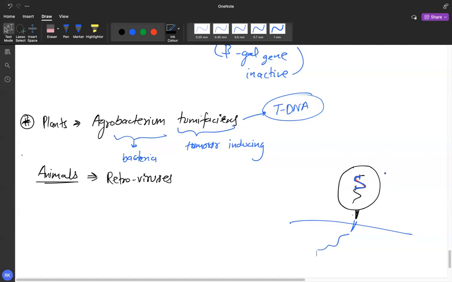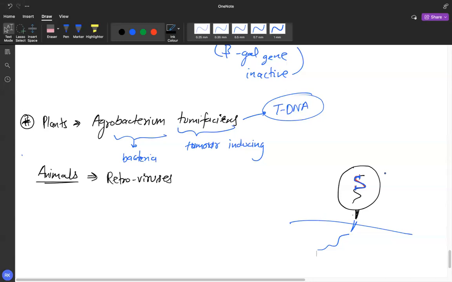So this is also done in the case of AIDS, HIV. The HIV virus does the same thing. HIV virus is a retrovirus. All viruses which are retroviruses do the same thing. But we don't use HIV virus as a vector because HIV is very pathogenic.